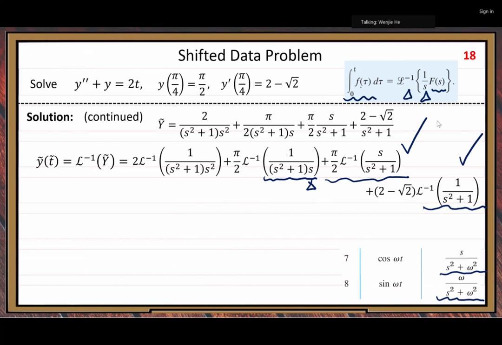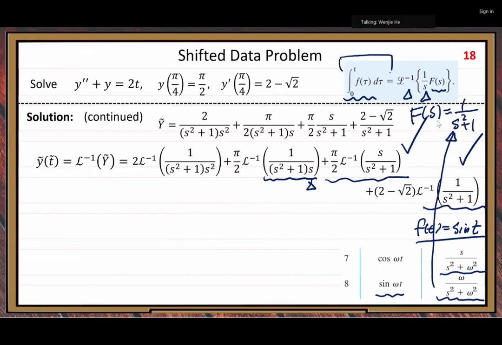So here, the capital F function of s equals 1 over s squared plus 1, right? So that is the sine. Omega equals 1. That means little f of t equals sine of t. So we have the little f, and we do the integral with that little f.